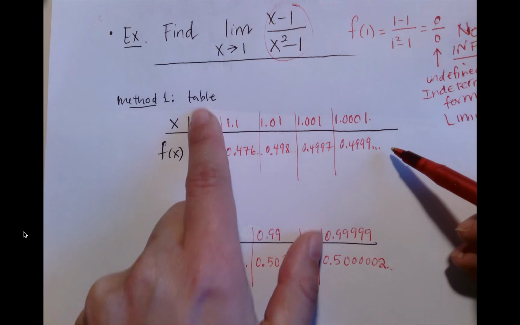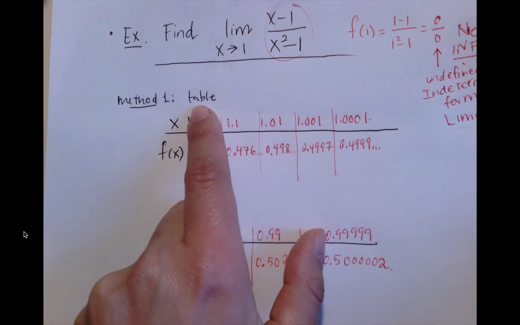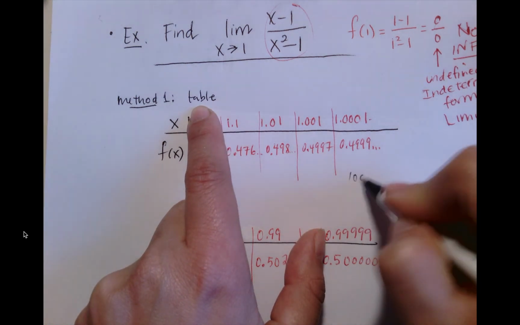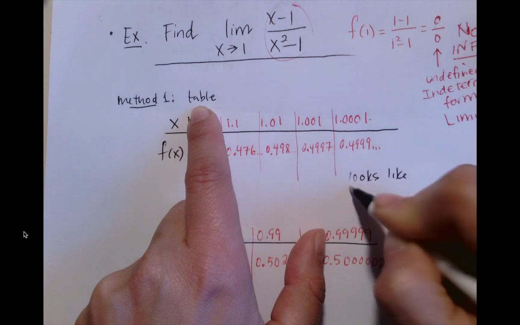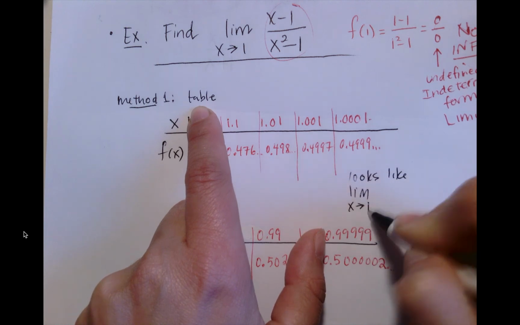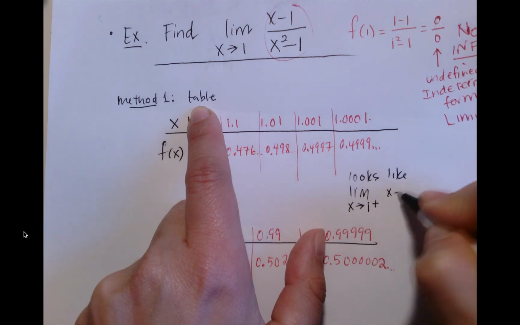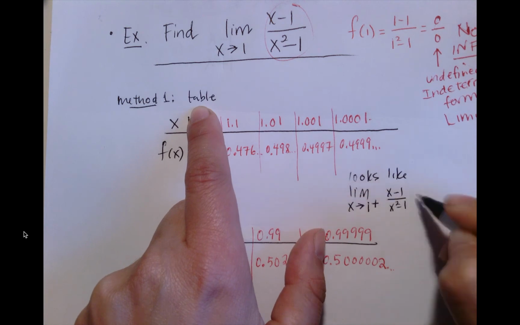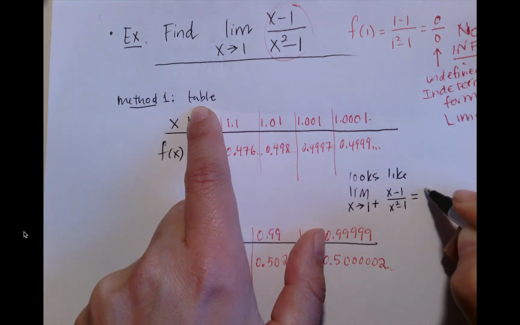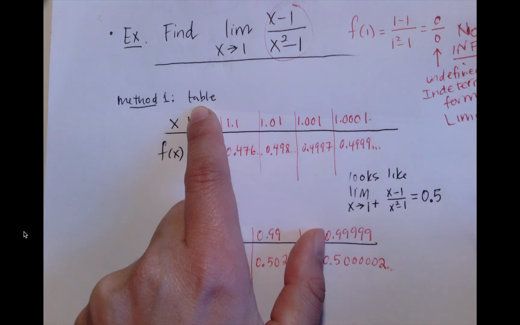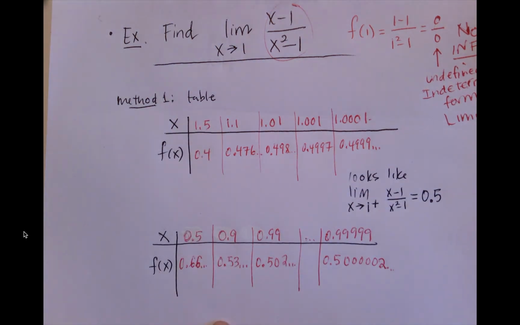So according to the table, it looks like the limit as x approaches 1 from the right of my function is equal to 1/2, 0.5. I'm also going to approach 1 from the left. So I choose values that are smaller than 1.